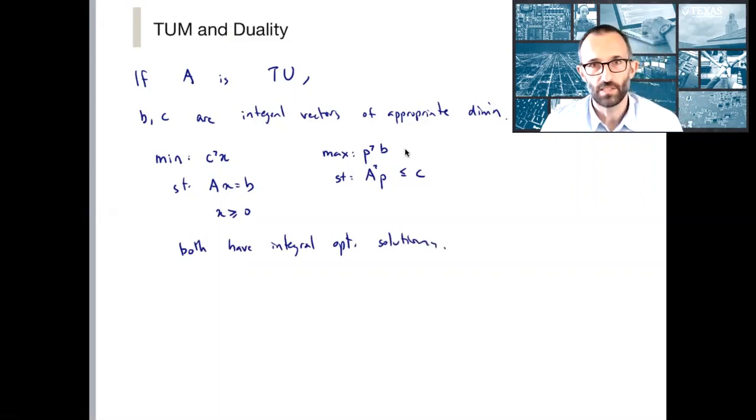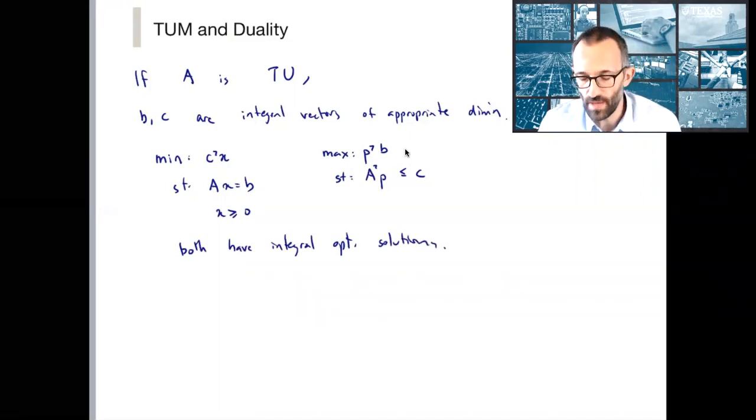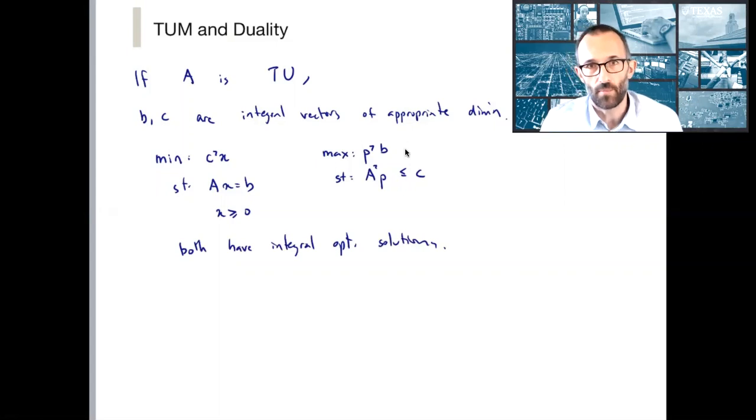So, none of this should now be surprising coming from what we just proved, because the basic spirit of this is that what defines any of these extreme points is the inversion of a square submatrix.